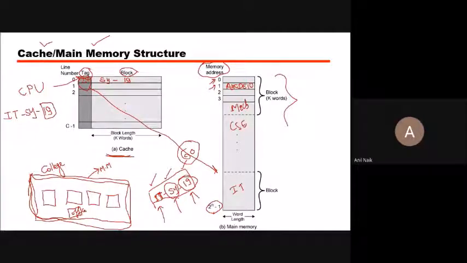First it searches in this cache memory. If the data is not available in the cache memory, then it will go to the main memory. Suppose the data is not available in the cache memory. Then it will search in the main memory, and search means it will start from the beginning, so it takes more time.